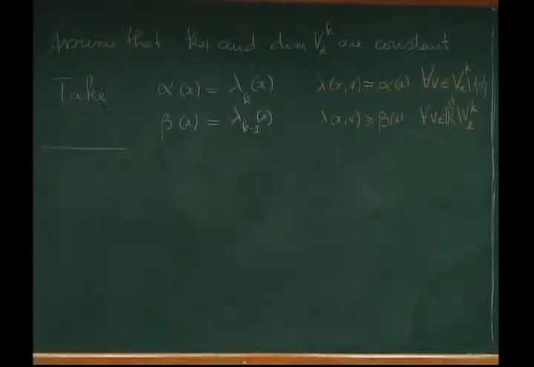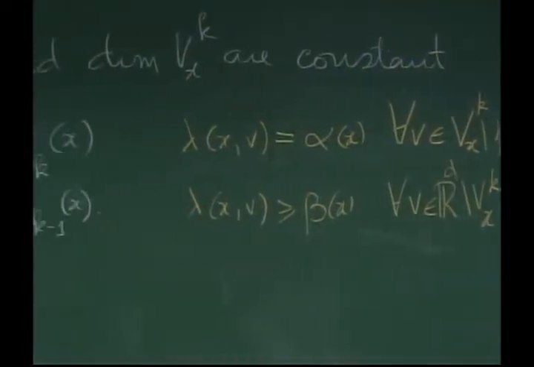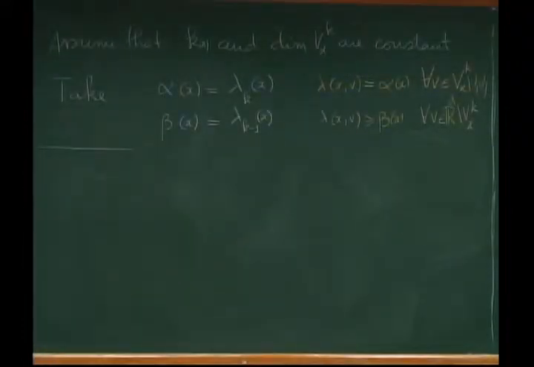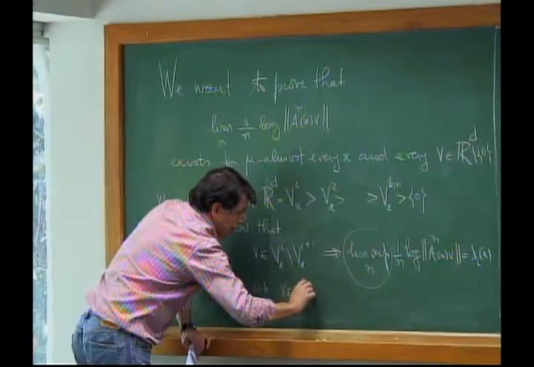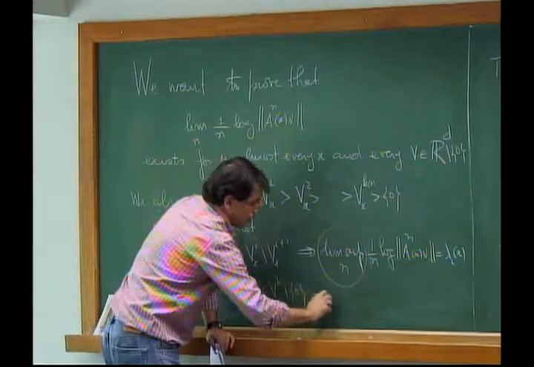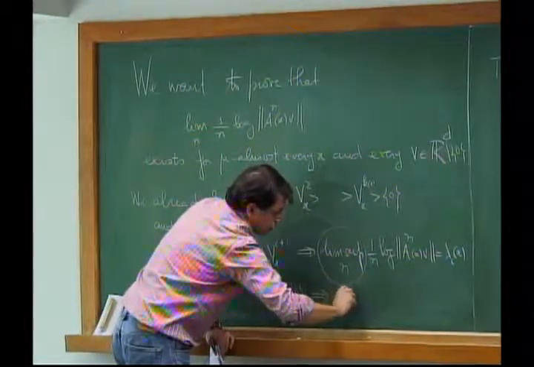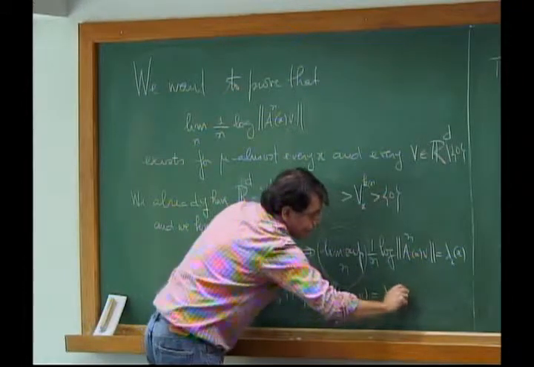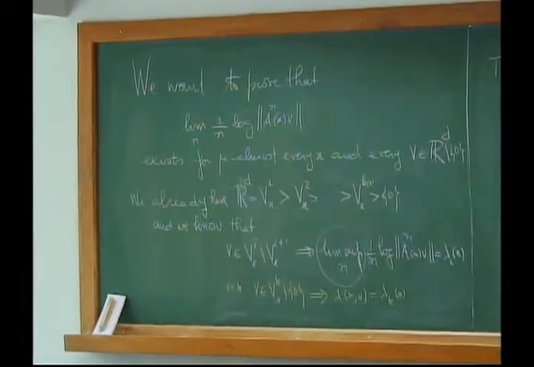It's essentially what is written here. In the case i equals k, what we have is that if v belongs to V_x^k minus 0, then the rate of growth is lambda_k. Okay, so this is equal.